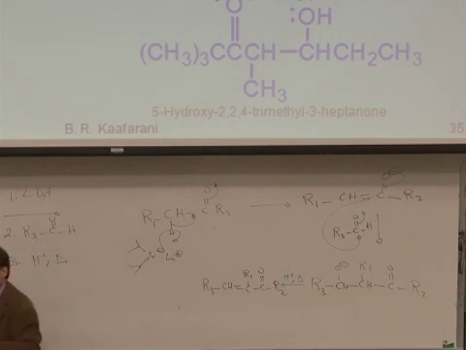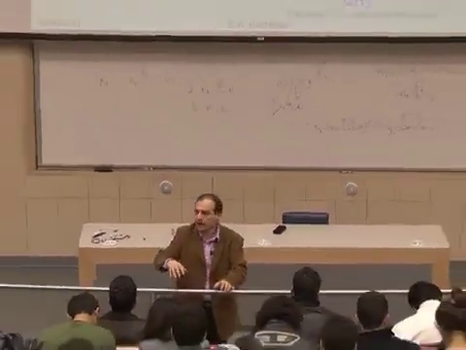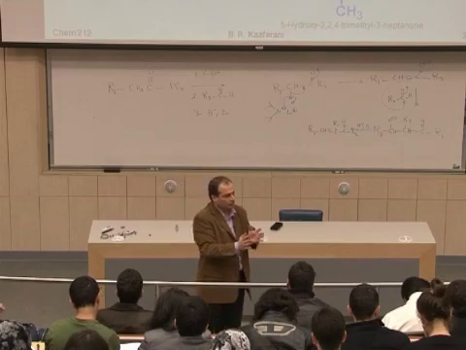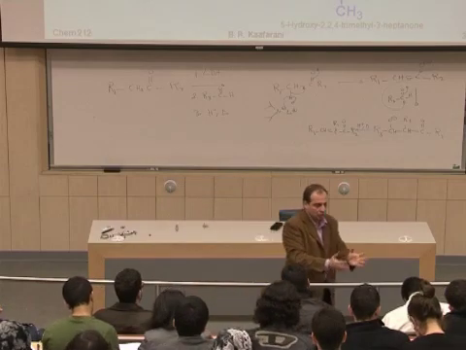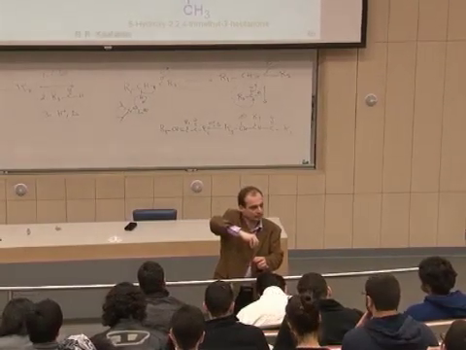You're protonating and eliminating, and you will get the C double bond C in conjugation with the carbonyl. So the approach that we did now, we use the ketone, we formed the enolate of that ketone quantitatively, and then we dropped an aldehyde. That's how we are going to do it in the lab. If we want to do this mixed aldol condensation, you will form the enolate first, and then you will add the aldehyde.